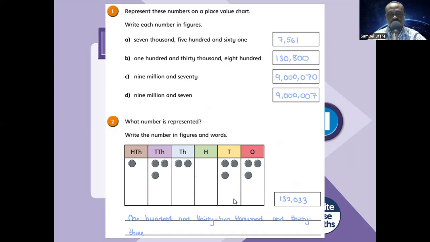And then we go comma 1,000. There is nothing here. We know it's going to be a 0. Then we have 3, and we have 3. And then in words, that's going to be 132,033. Sorry, I had to move my screen there so that I could see that properly.